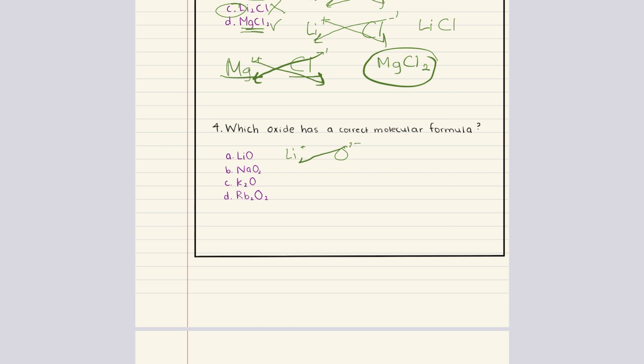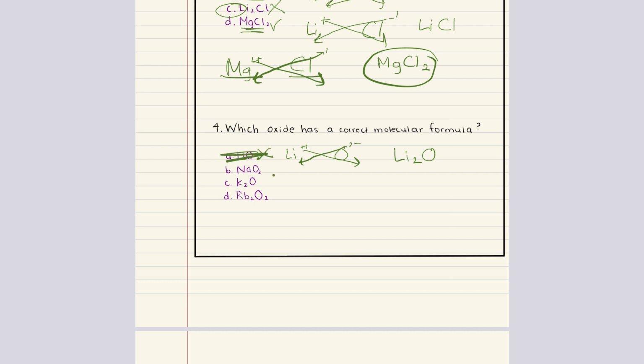If we swap these values here, we get Li2O1. This is interesting. To balance the charge, we need 2 lithium cations for every 1 oxide ion, meaning that the correct formula should be Li2O. So this is incorrect. This is not the right answer.